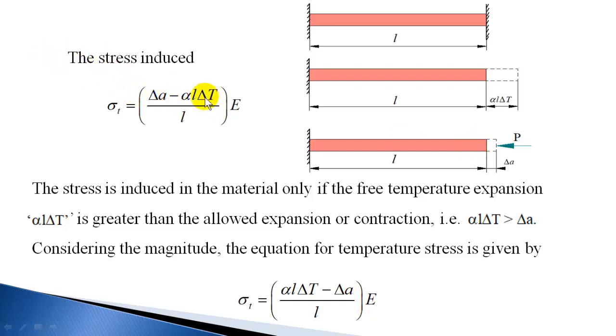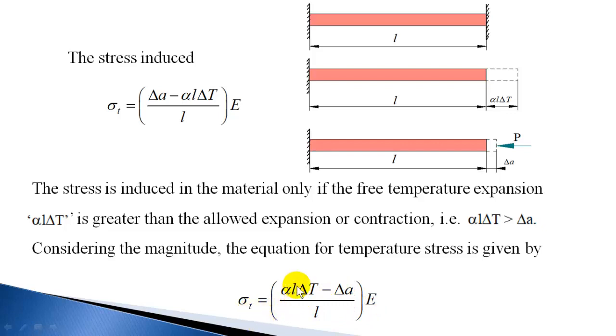So this is minus and delta T is minus, you will get plus, and you will get a positive stress in that case. So instead of using this formula based on sign convention, you can take it as alpha L delta T minus delta A divided by L, into E as the stress induced.